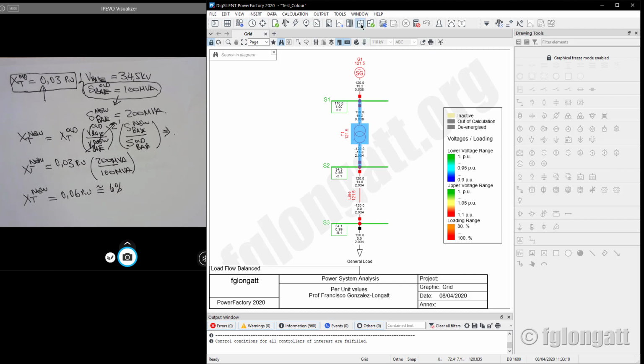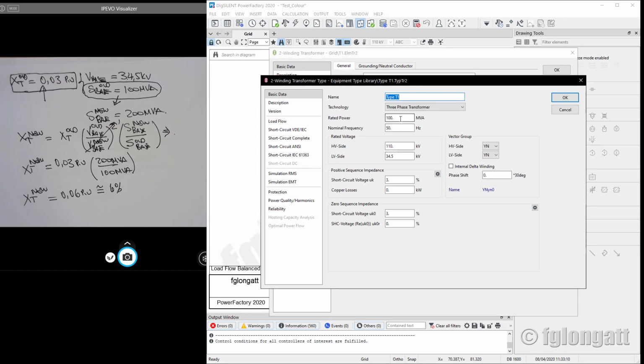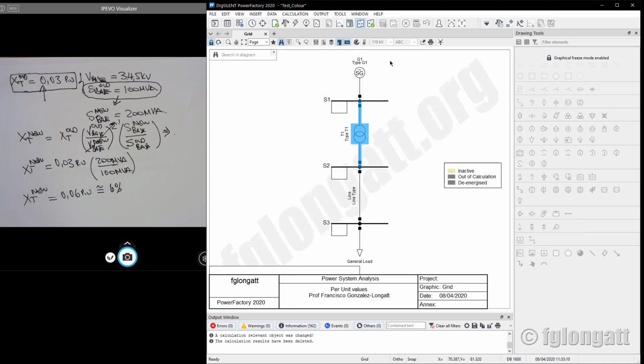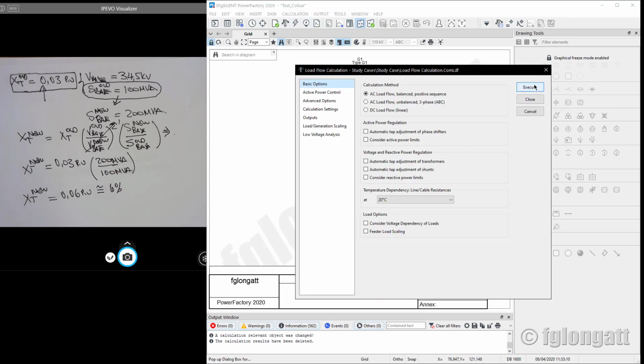And then what I will do is use the beautiful tool to compare simulation cases. Some of my students are solving the problem just putting over here 200 MVA, but they don't care about compensating the reactance. And I will do as they do to show you what is the big mistake. Now let me run the load flow.